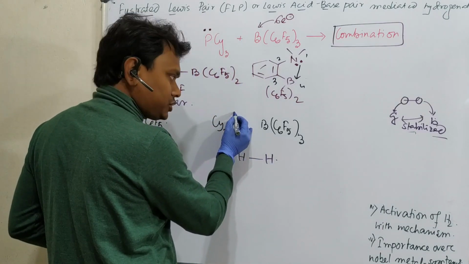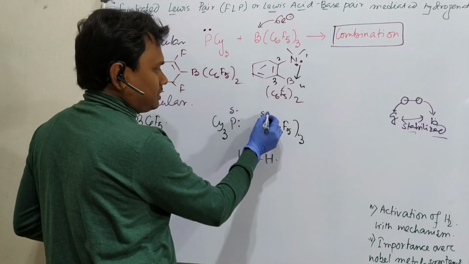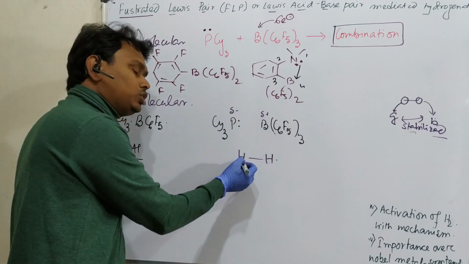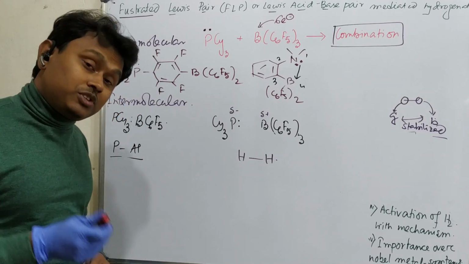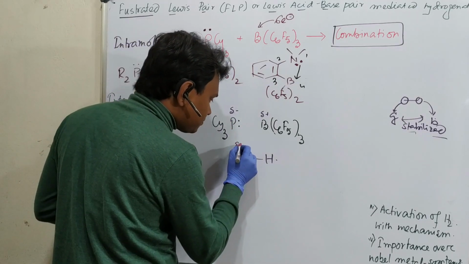This is electron rich, so better to write delta minus. This is electron deficient, we can say delta plus. And because of this polarity, some polarity is induced on the hydrogen molecule. Hydrogen molecule by nature is non-polar, but because of this it gets some polarity. So this is minus, so it will be plus.